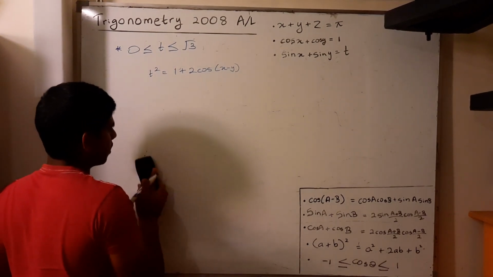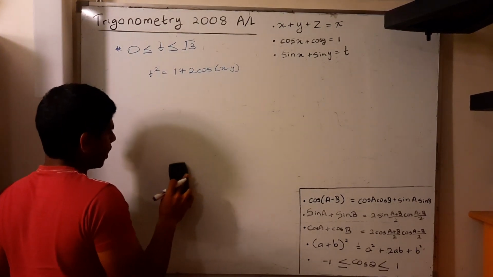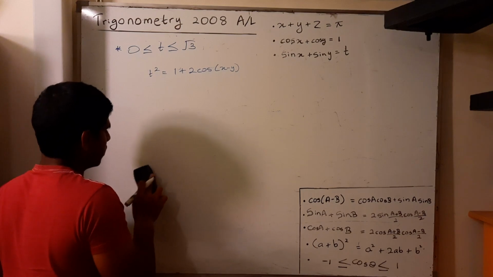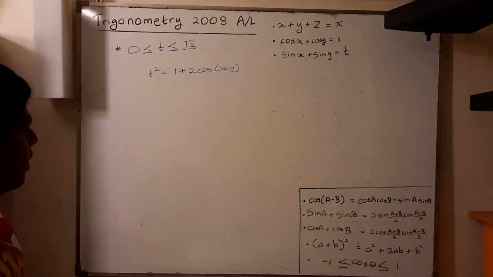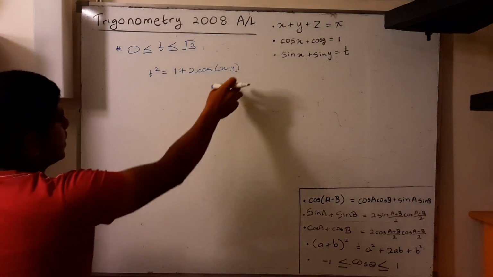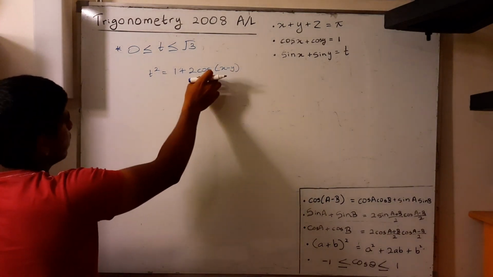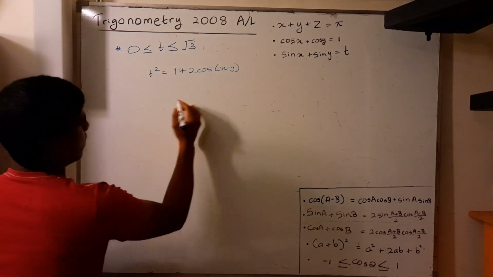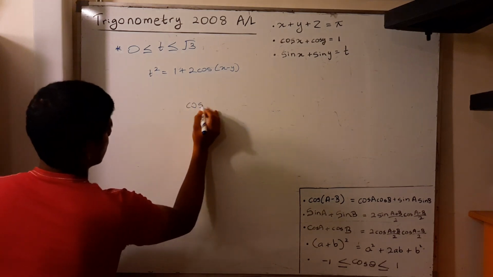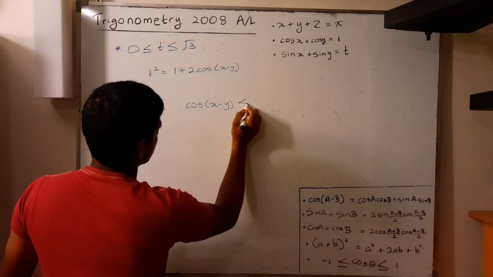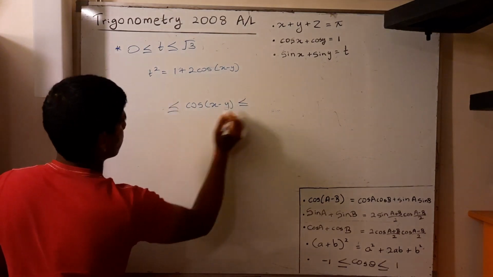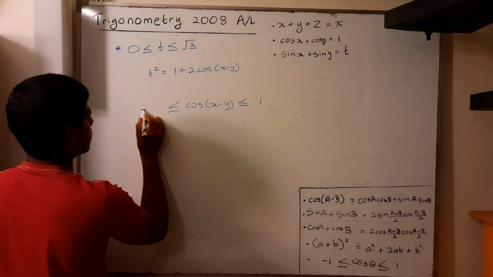Okay, so we know that the range of cos theta is minus 1 to plus 1, right? So over here x - y is the angle related to cos. So we can write that cos(x - y) is greater than or equal to -1 and less than or equal to 1.